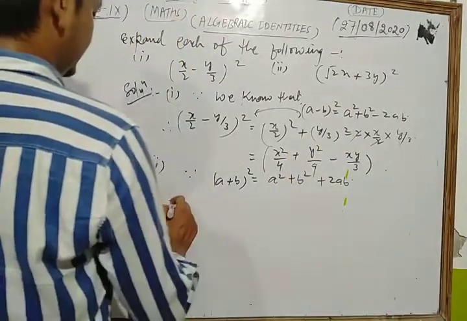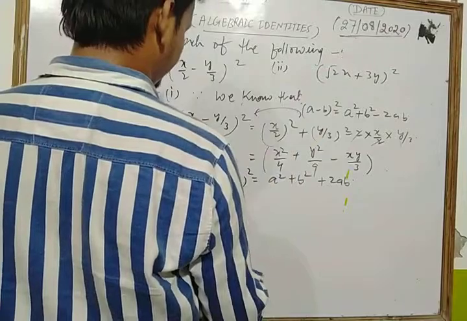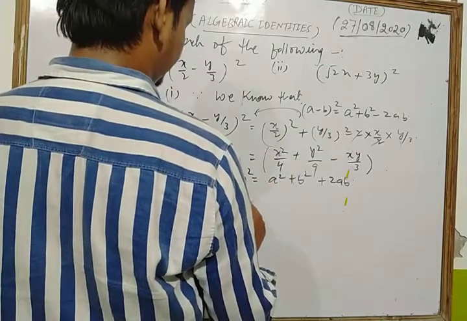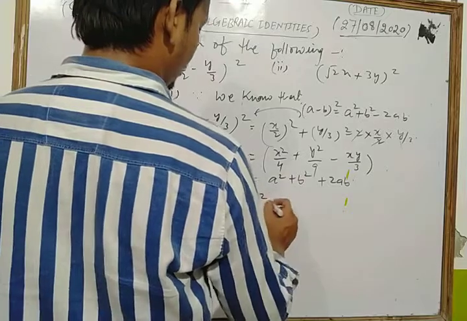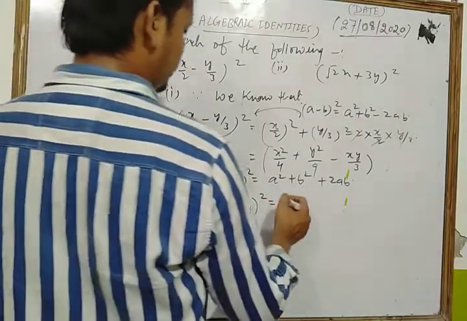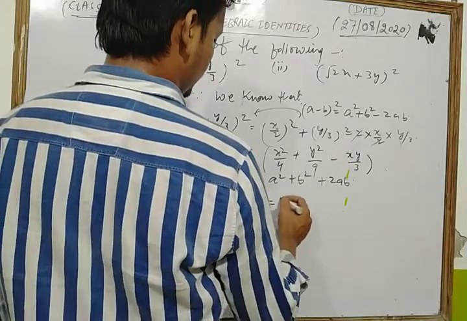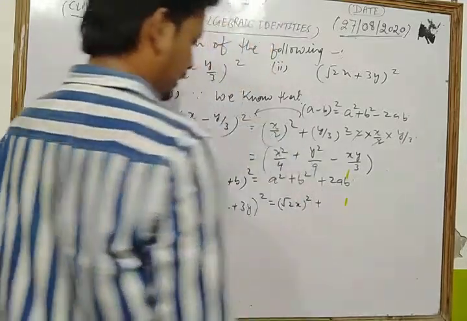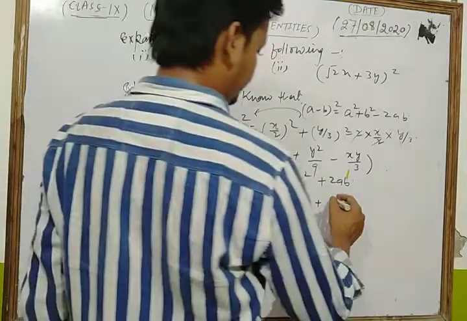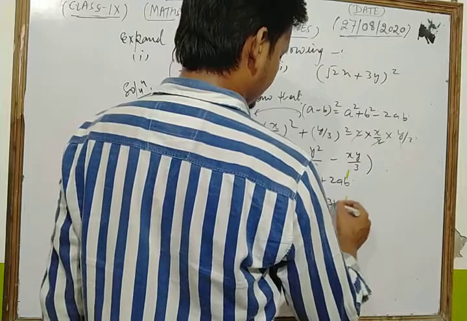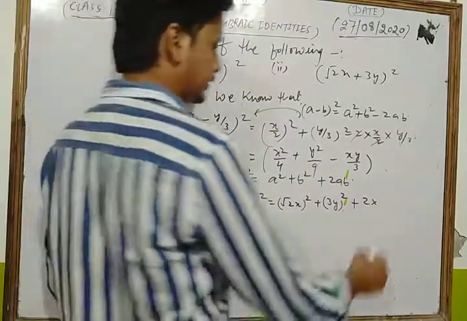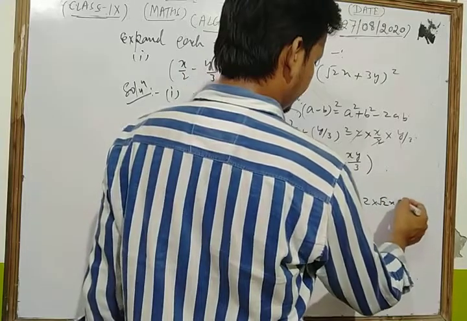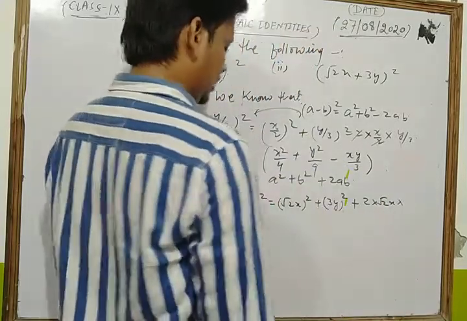We get (root 2x plus 3y) square. Here a square means (root 2x) square, plus b square means (3y) square, plus 2 into a into b, where a means root 2x and b means 3y.